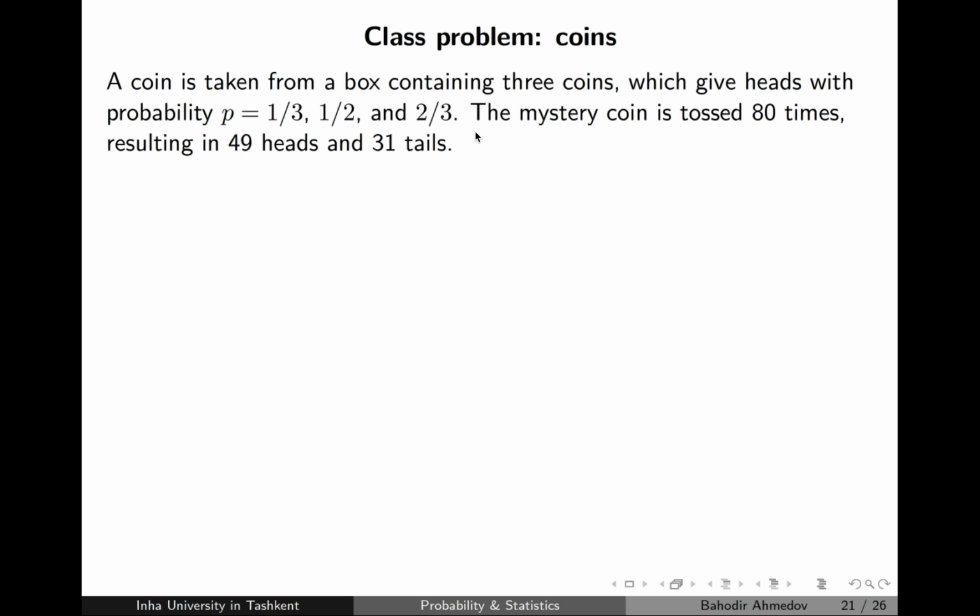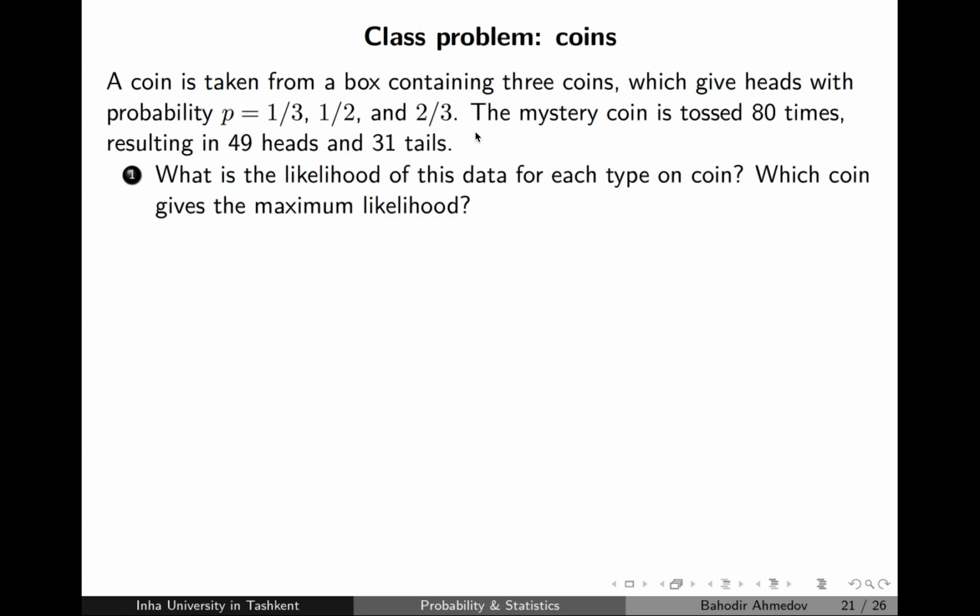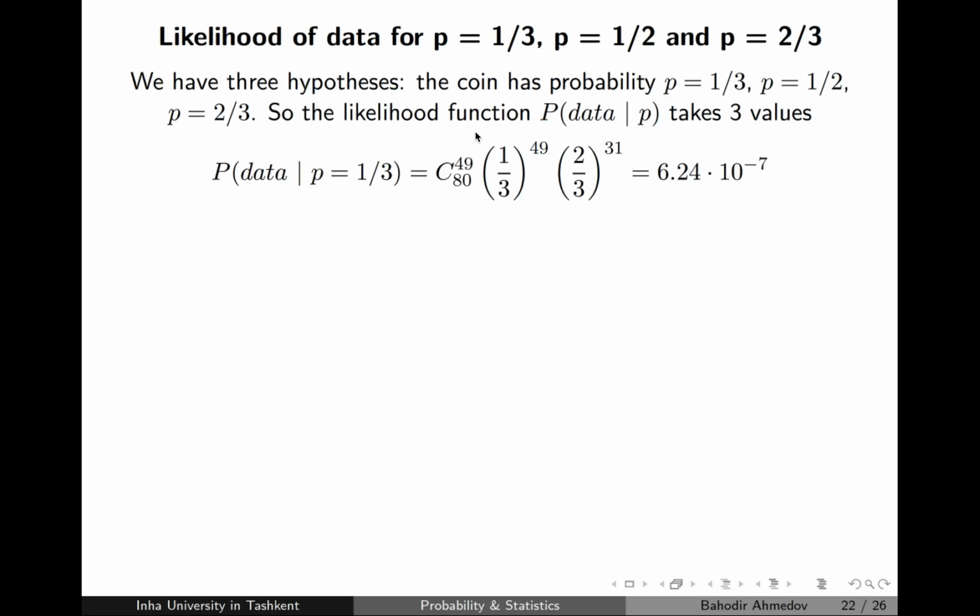I would like to know which kind of coin I have chosen. First of all, let's calculate the likelihood function for each of the kinds. The probability of obtaining 49 heads using the first kind is a very small number.